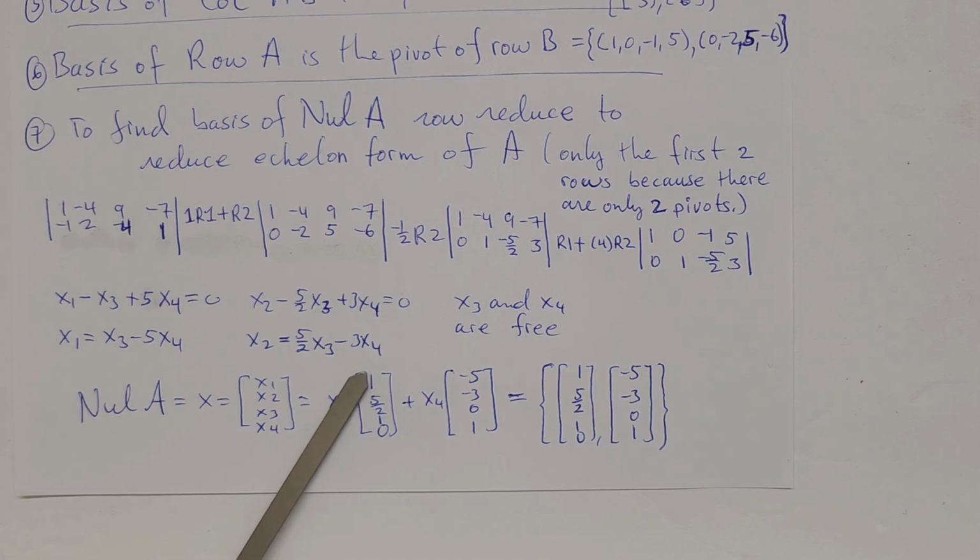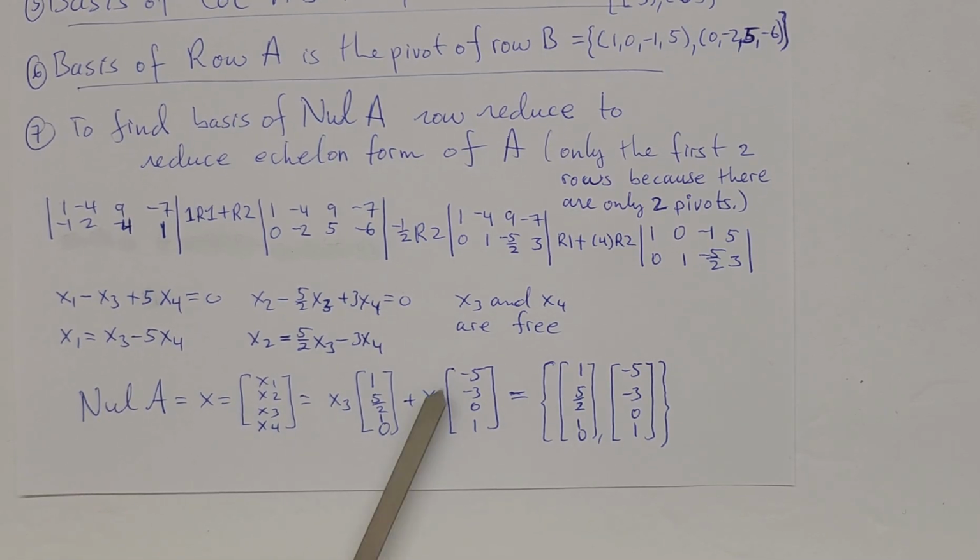The first term of x3 is right here, 1. The second term of x3 is 5/2. The third term of x3, since it is free, is 1. The fourth term of x3, there is none, so 0.